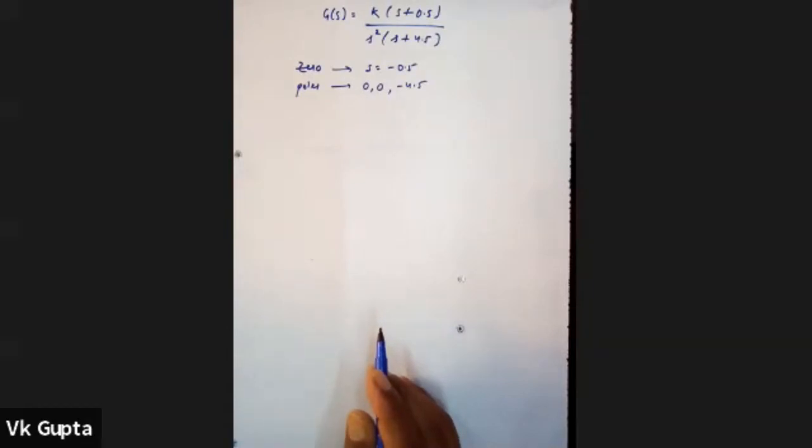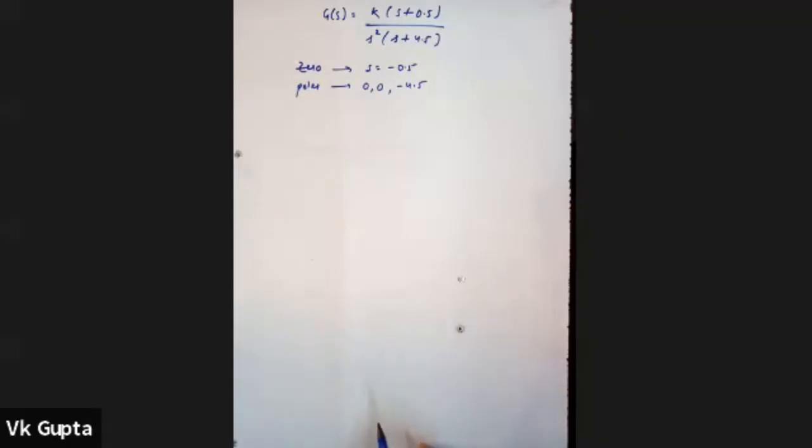Now, please write step number 1. Step number 1 speaks about the number of poles and number of branches.